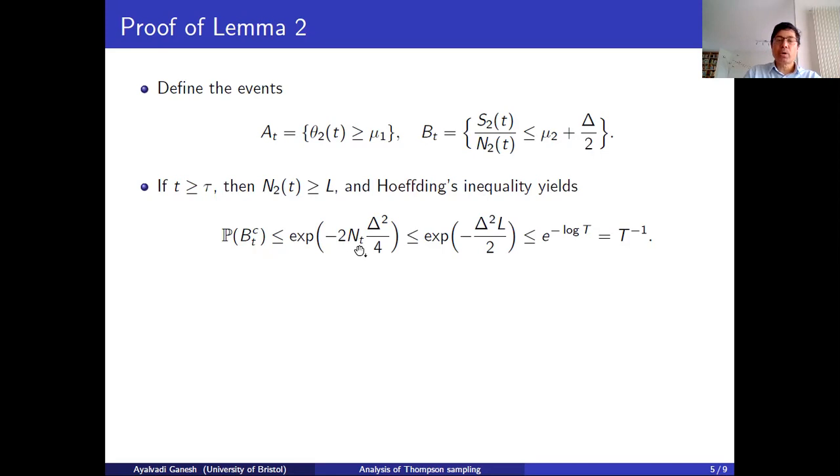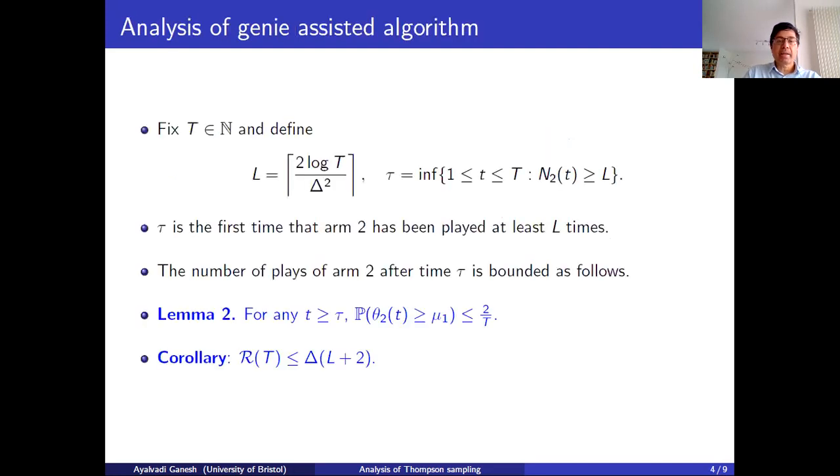And as we saw, N2t is bigger or equal to L, and we have a negative exponent here. So this is bounded in turn by e to the minus delta squared L over 2. And if we look at the definition of L here, delta squared L gives us a 2 log t, and dividing it by 2 gives us a log t.